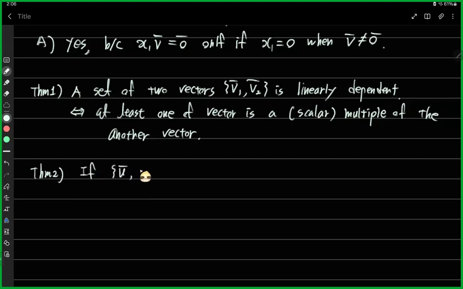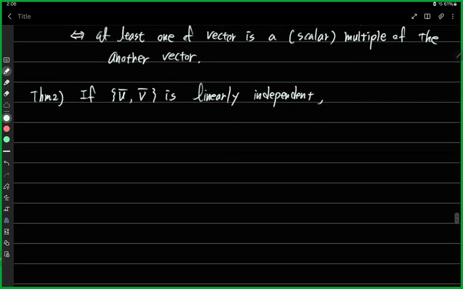Okay, if vectors u and v are linearly independent, what does that mean? The homogeneous system has only the trivial solution, right?